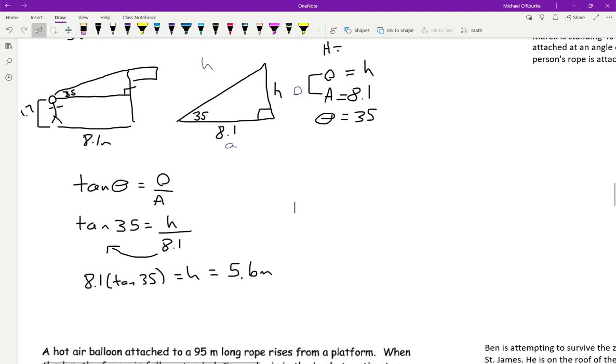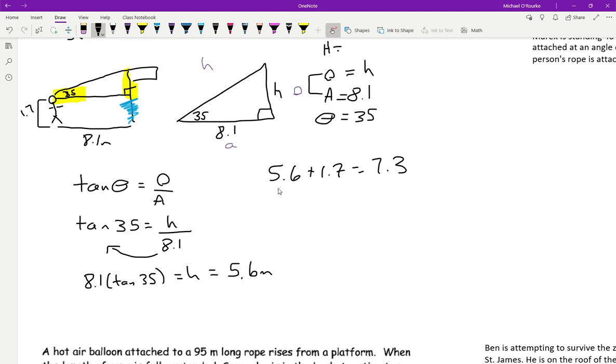Correct. Our triangle is this part up here. We did this part here for the triangle, the height here. We have to add in this part here. So in this case, 5.6 plus 1.7 equals 7.3.